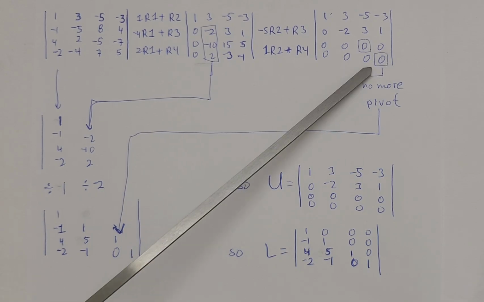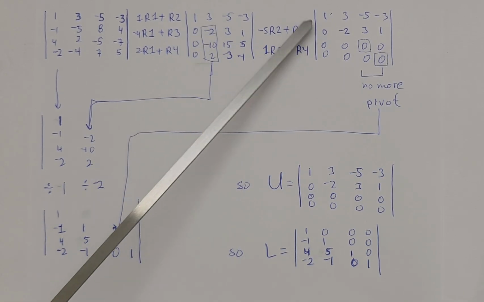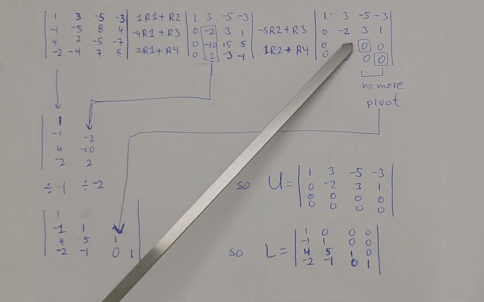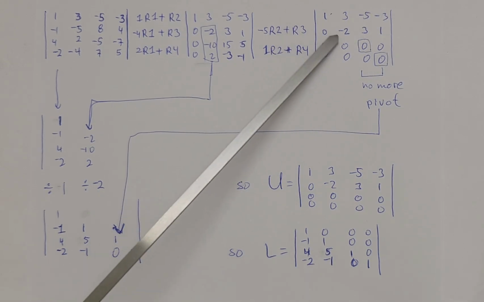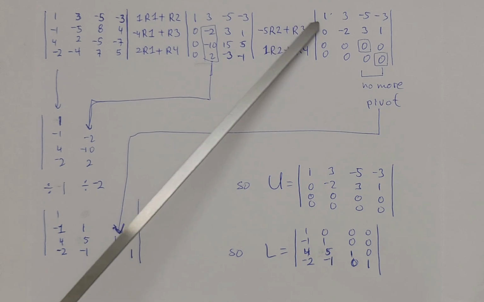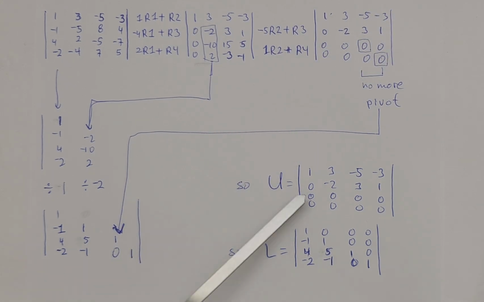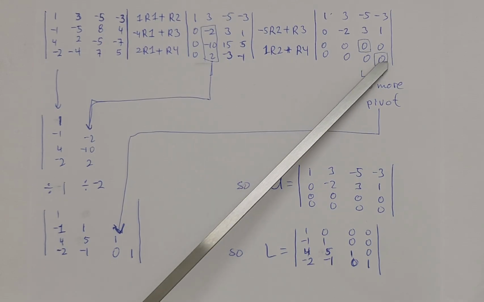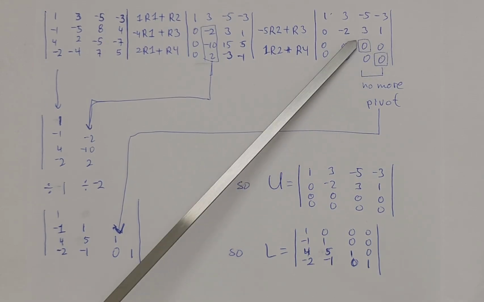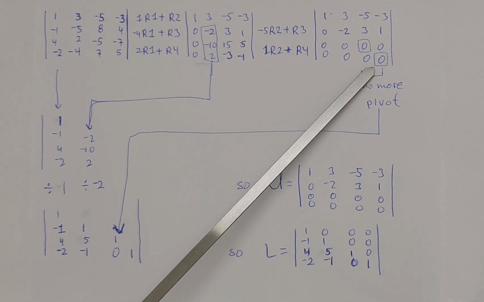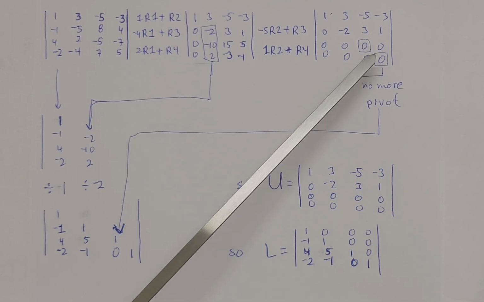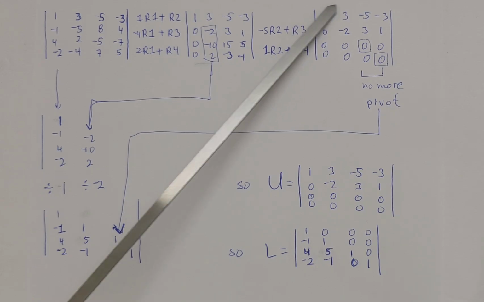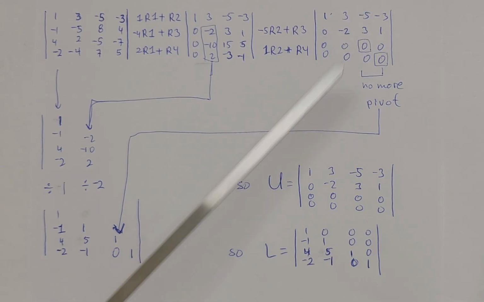Next, this right here where I am going around is our upper triangle matrix, which I have down here. The reason why we stop is that there's nothing else to calculate.